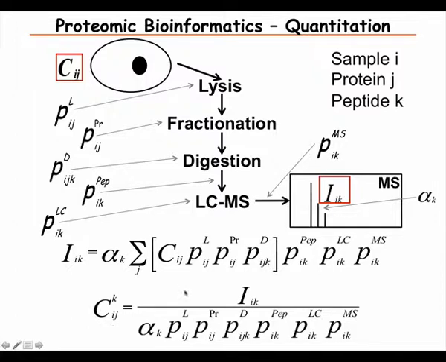We have to keep the measurement within the linear range, which often, if we do the quantitation carefully, we do test for, but often when we do a global analysis, it's more assumed that that's the case.